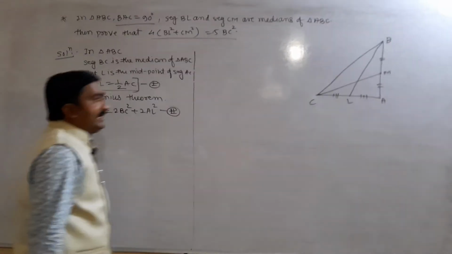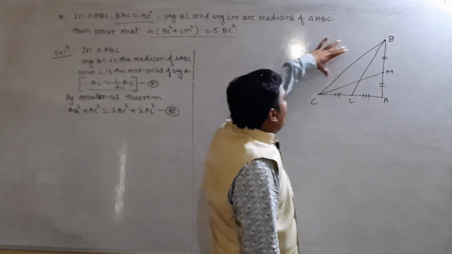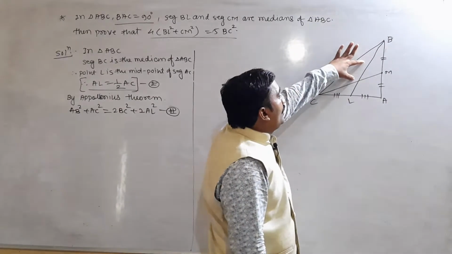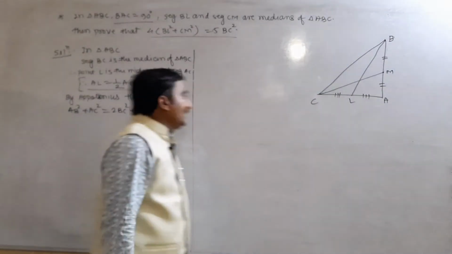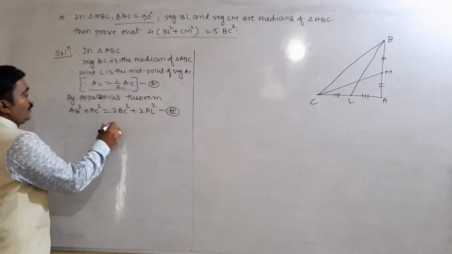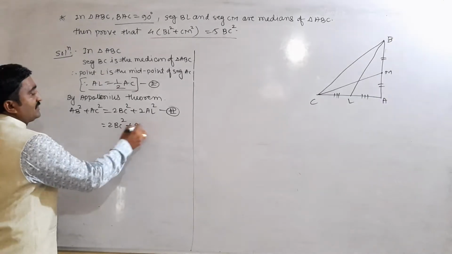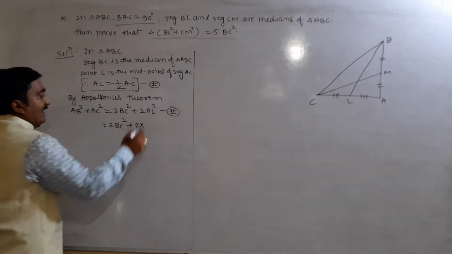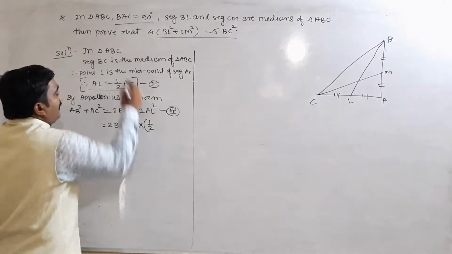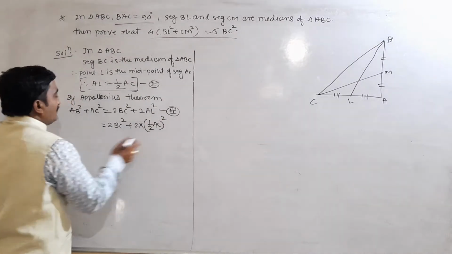Then 2BC square as it is plus 2 into AL, meaning 1 by 2 AC bracket square.